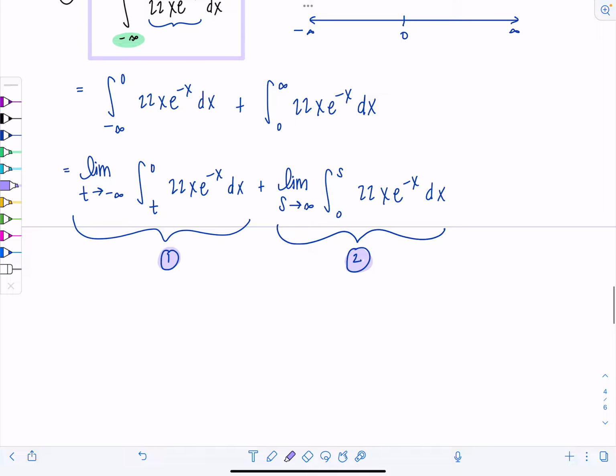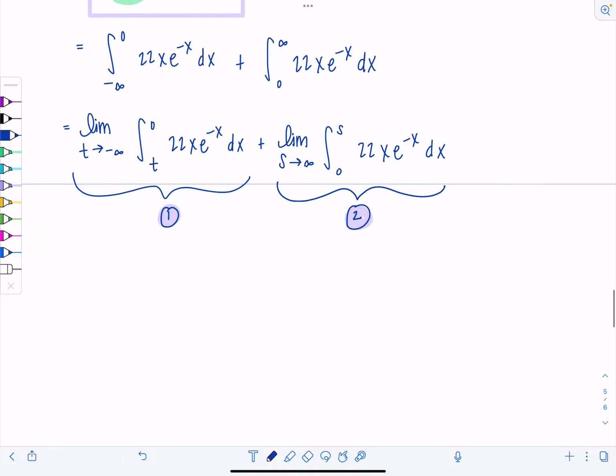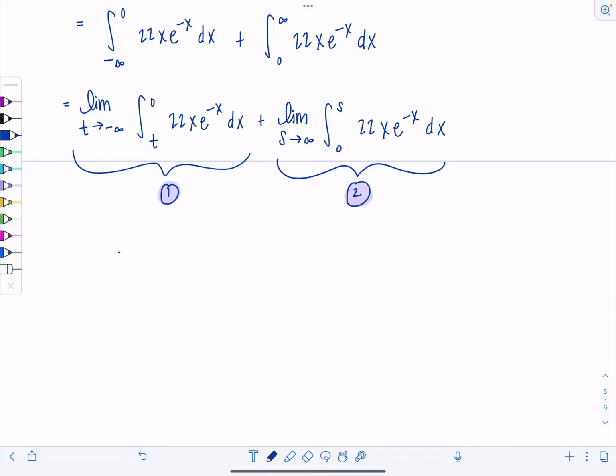So let's just pick one to get started with. Let's do integral 2, just because s is going to positive infinity and it looks easier. I'm noticing we're going to need to do it by parts, because we've got an exponential function and a polynomial. So let's set up for integration by parts.